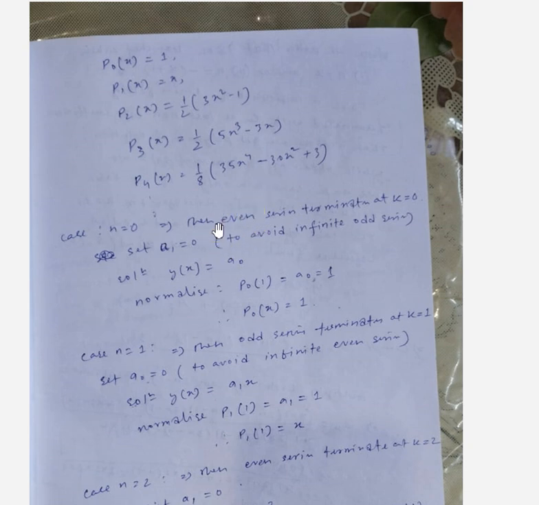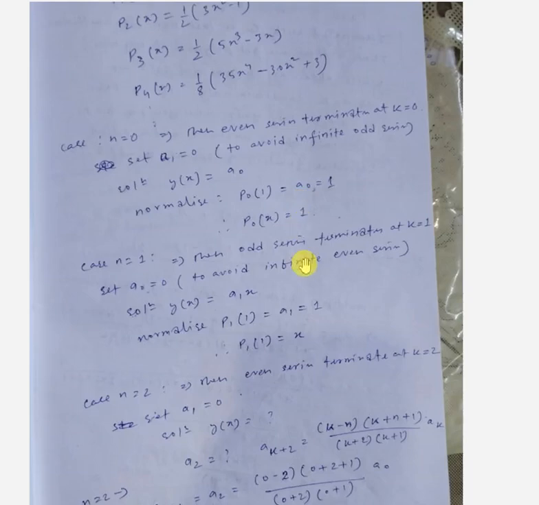And when n is equal to 0, then P of 0 of 1 is a naught, which is equal to 1, then P naught of x is equal to 1.